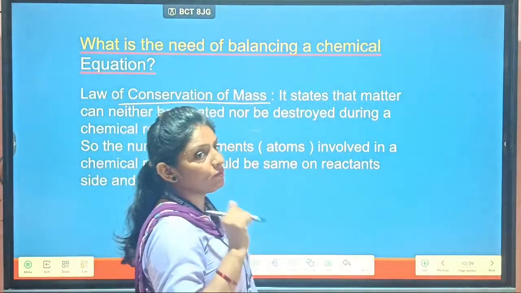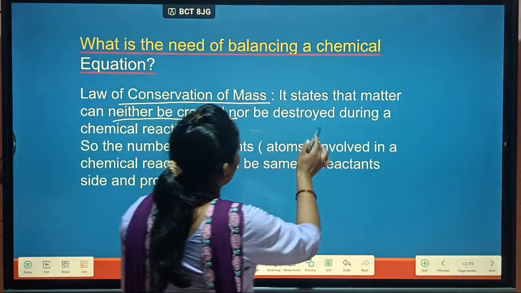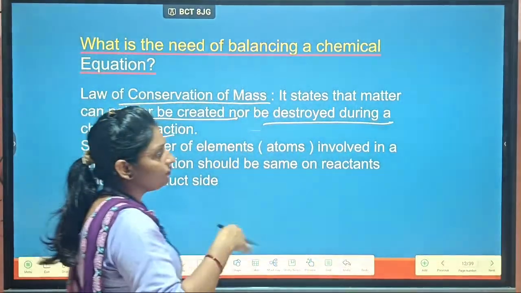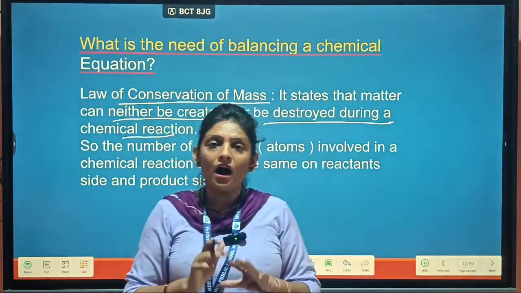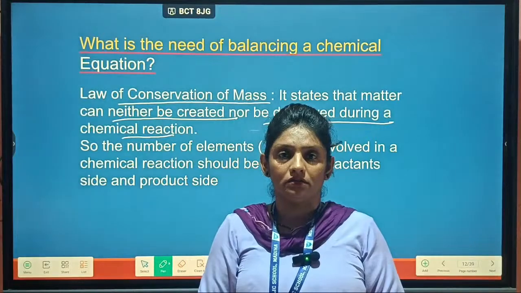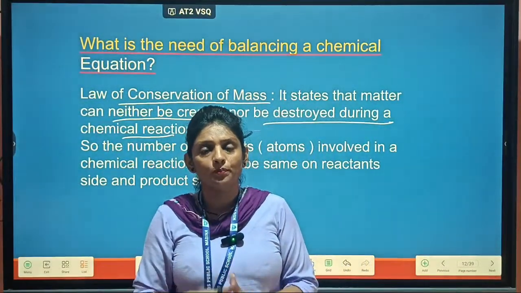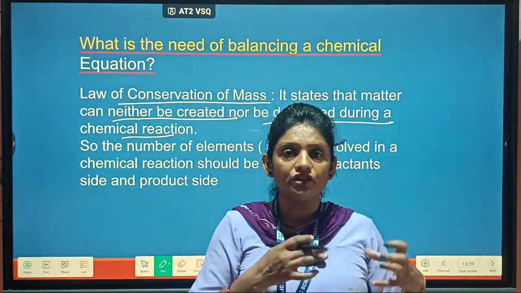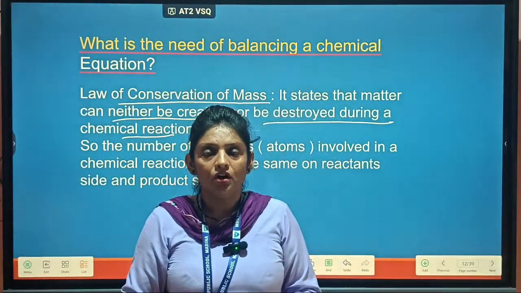Because the law of conservation of mass states that mass can neither be created nor be destroyed during a chemical reaction, but it can be transformed from one form to another form. So due to the law of conservation of mass, we need to balance the chemical equation.